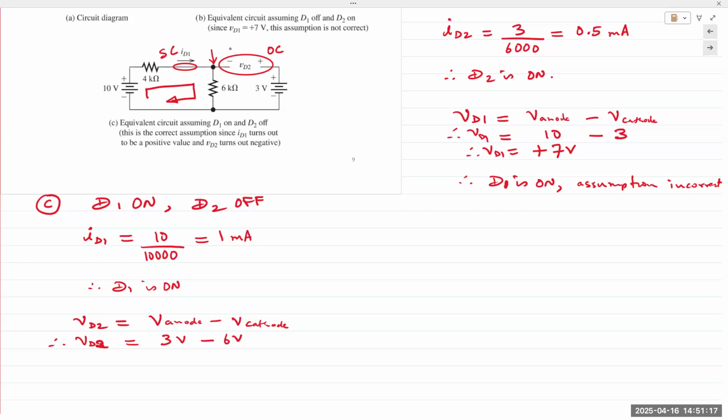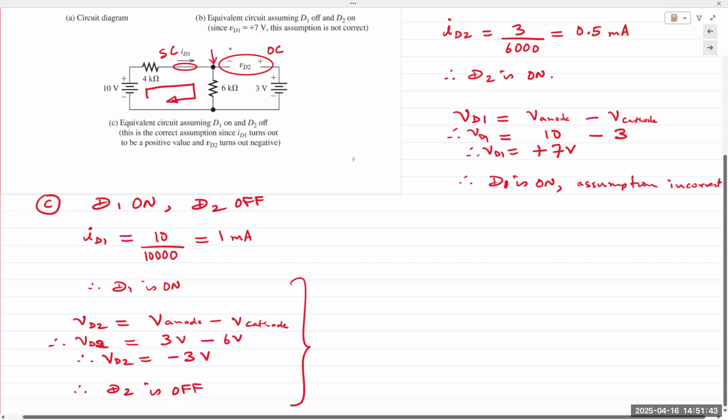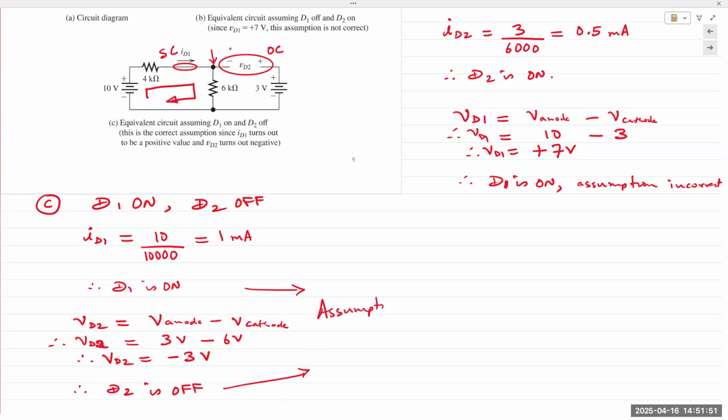Because 1 milliamp is flowing through the 4 kilo ohm and the 6 kilo ohm resistor. Voltage drop across both of them is 4 volts and 6 volts. So now the midpoint is at 6 volts. So diode voltage VD2 is minus 3 volts. Hence, D2 is off. And our assumption is correct.